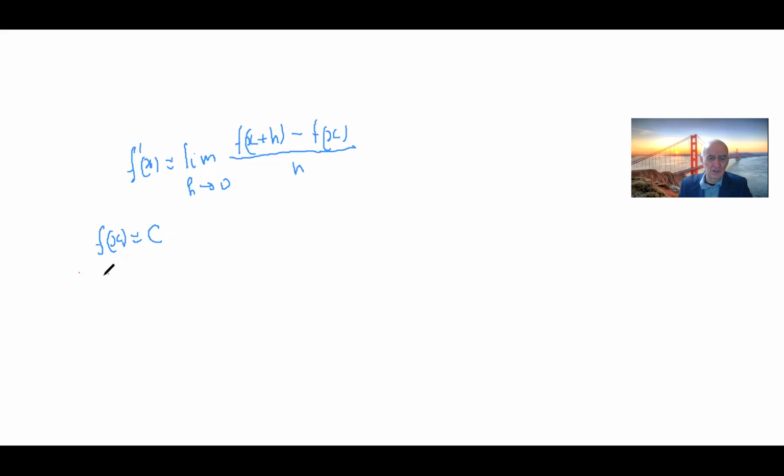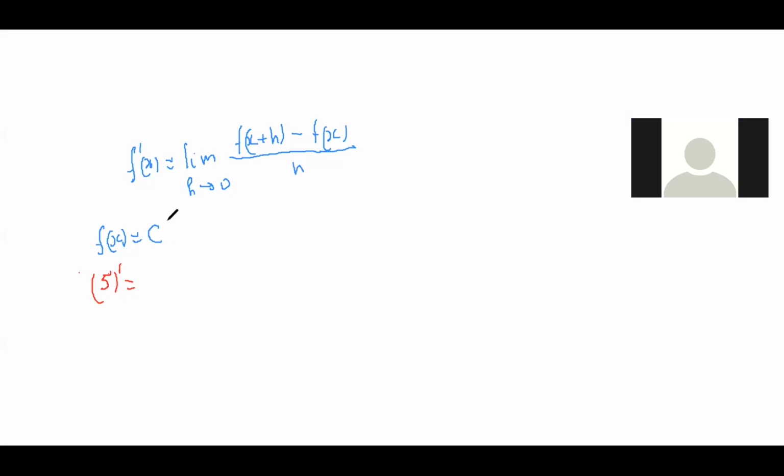Or I can ask, what is the derivative of 5? We have only one opinion, that this is 0. Maybe someone can confirm or explain why it's 0. It should be 0.